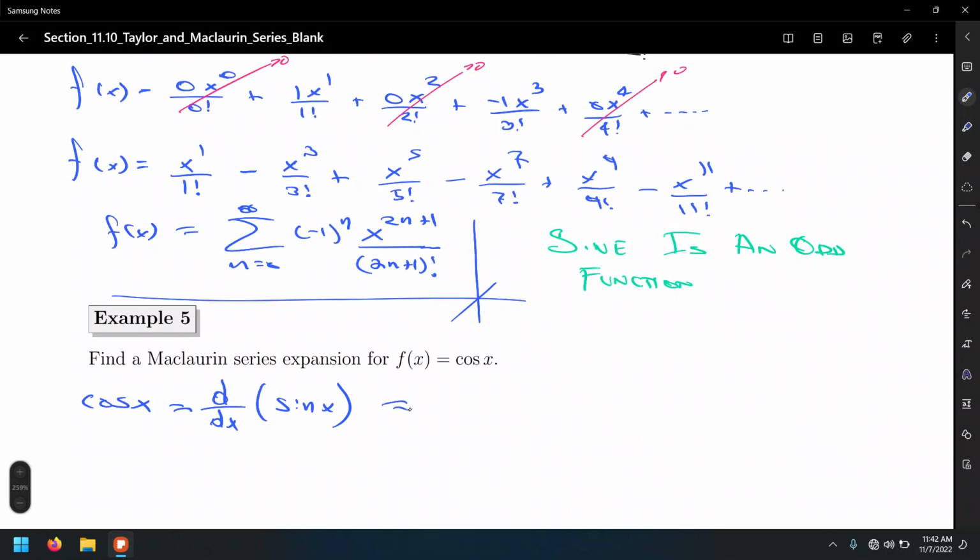And I'm just going to write a few terms. So d/dx of x to the first over 1 factorial minus x cubed over 3 factorial plus x to the fifth over 5 factorial minus x to the 7 over 7 factorial plus infinitely many terms.